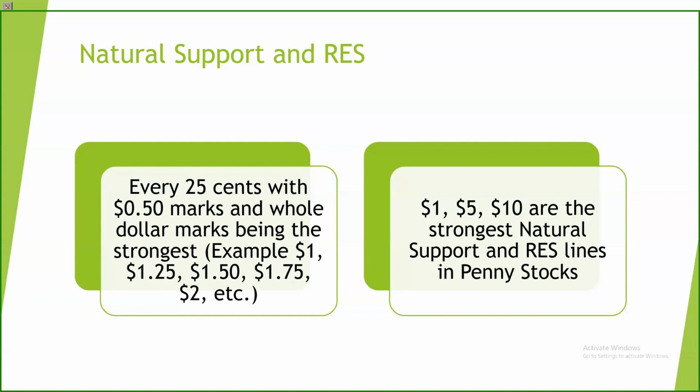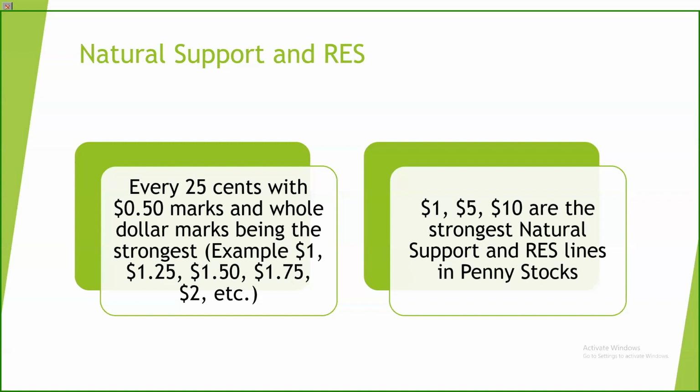The stock is at $4.11 right now. Where's the next resistance line? $4.25. Now the stock is all the way up towards $5.15. Where's the next resistance line? $5.25. Now the stock's all the way up at $5.52. Where's the next resistance line? $5.75. Every 25 cents is going to be some sort of resistance. That's where people are going to lock in.